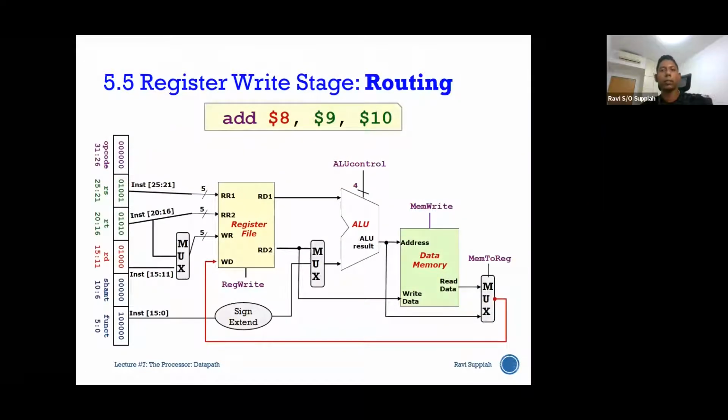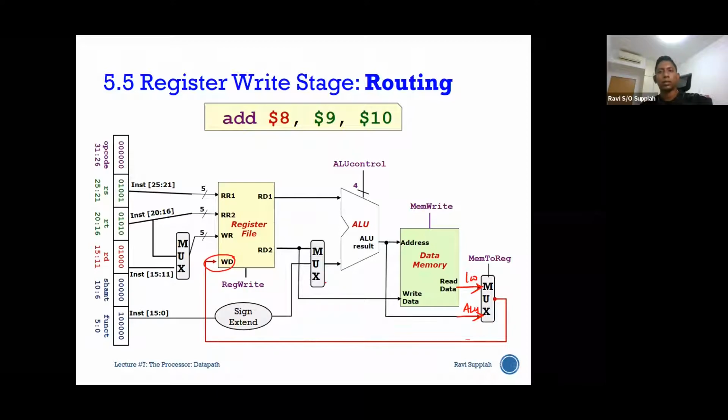Looking at this, there are only two ways data is going to come back to be written: either from the memory, if it was a load word instruction, or directly from the ALU. That is where this multiplexer will decide and channel it back. If you look at this red line, it goes back to the write data.